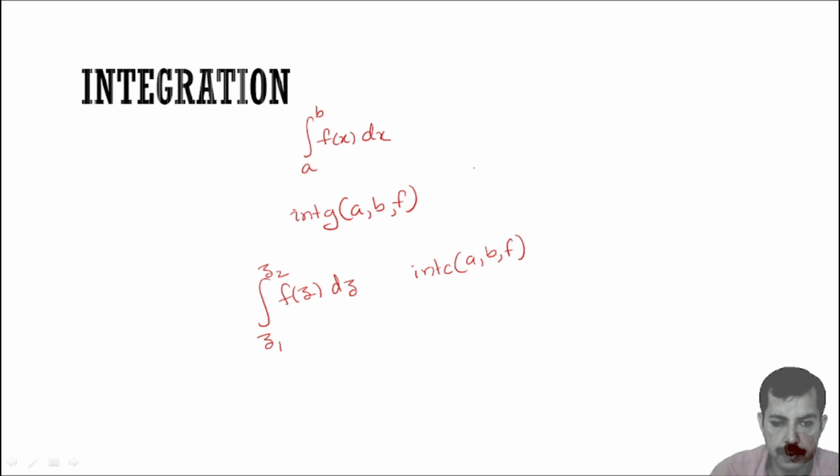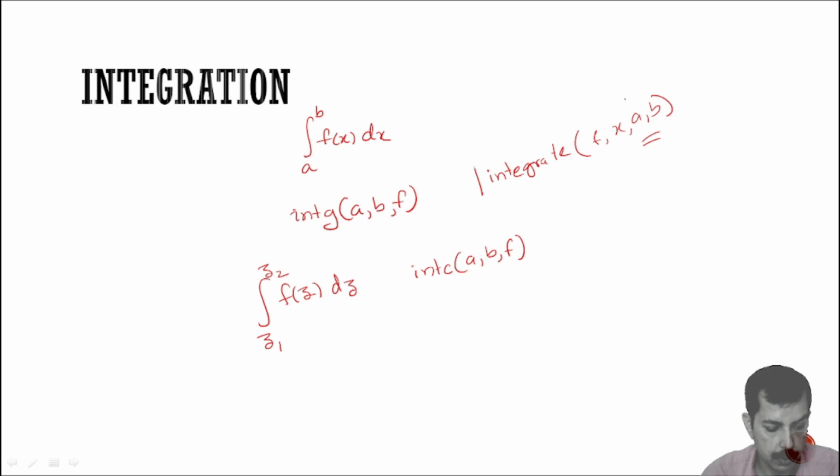Now instead of intg, someone can use the integrate command. Then the function, the variable, then a and b, you can pass these. Also, as a side note, let me show how to integrate it.